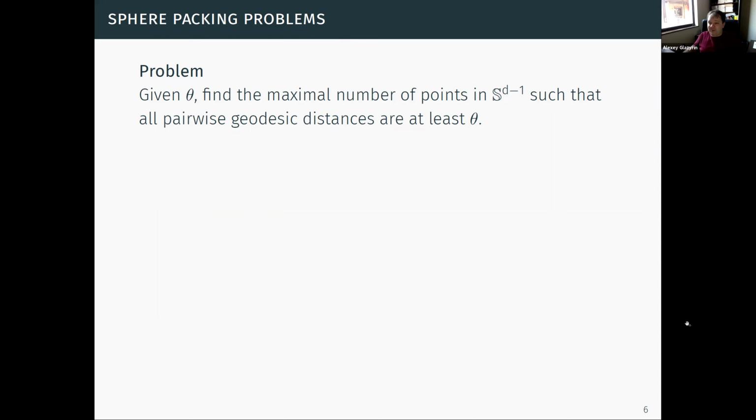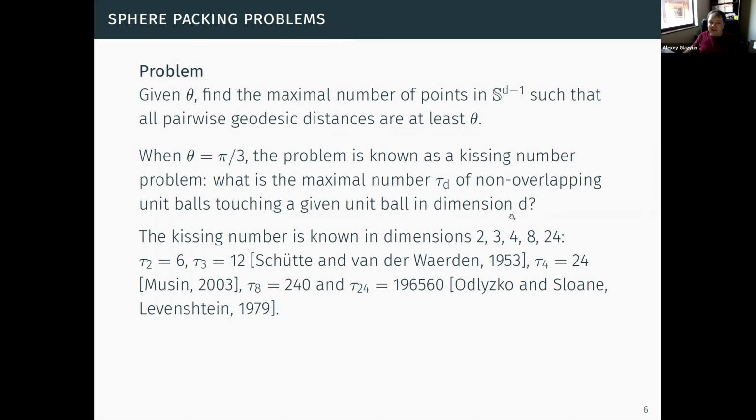And of course, the most famous example is the kissing number problem. When this angle is pi over 3, then it's the kissing number problem. Alternatively, it can be formulated as the maximal number of non-overlapping spheres touching a given sphere of the same radius.